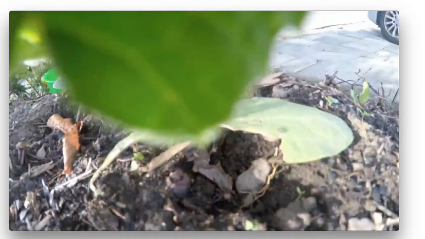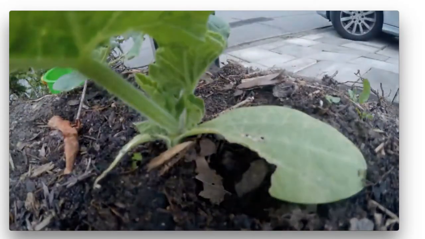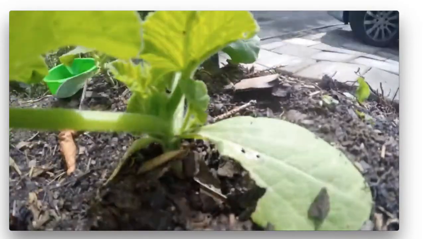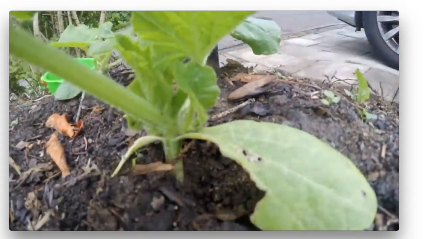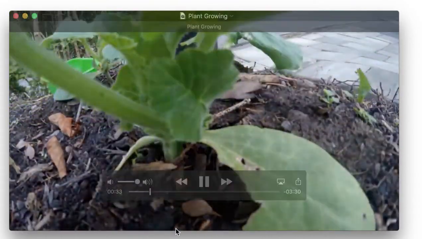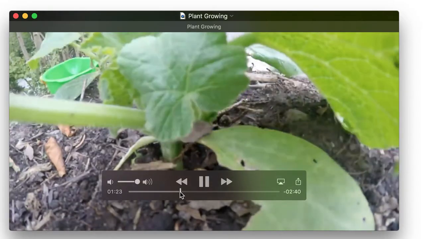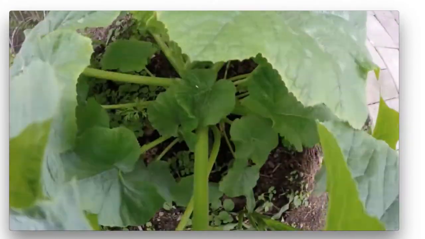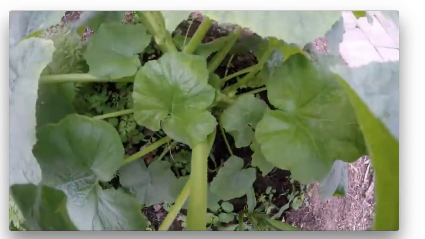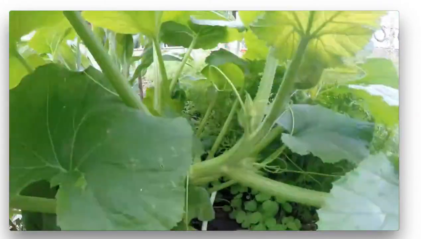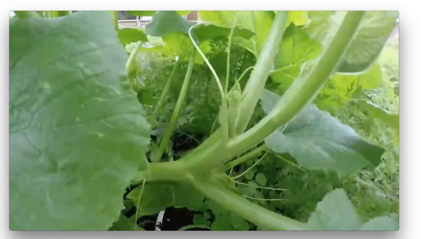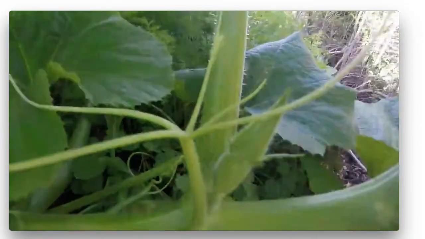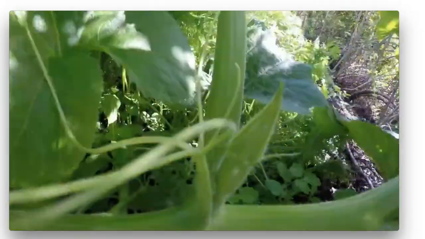Just observe the process. And it's a little long, so I might go forward a bit. Look at those light-dependent reactions at work, together with the light-independent reactions, allowing the plant to increase its biomass and grow and develop.